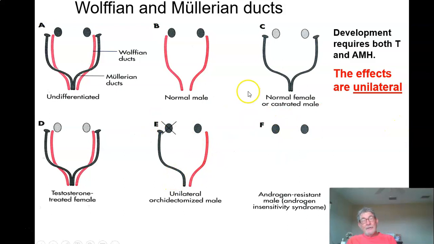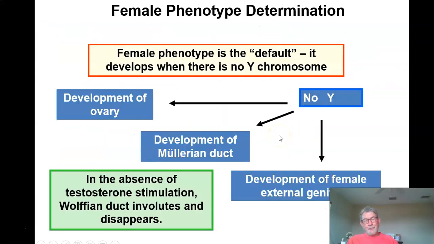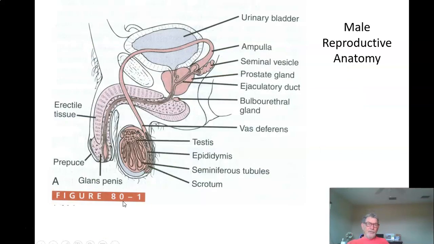What if I had X, Y, or Z happen? So female is default. If you don't make Y, you'll develop the Müllerian ducts, the external female genitalia, everything will work right. You'll develop the ovary instead of the testis. The Wolffian ducts will disappear because it's not being supported by testosterone.